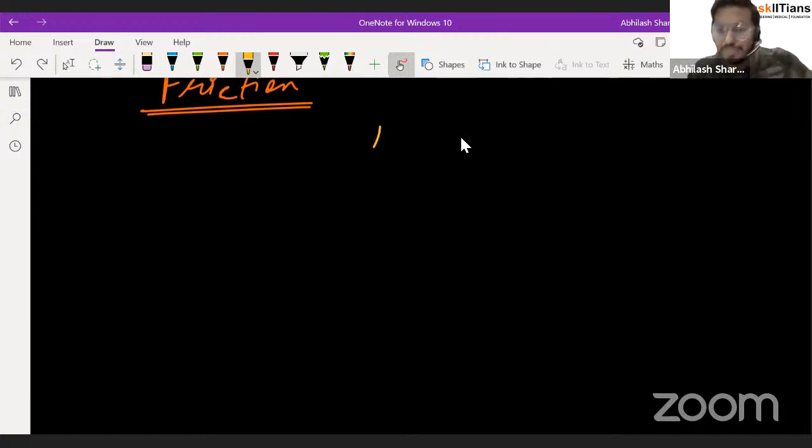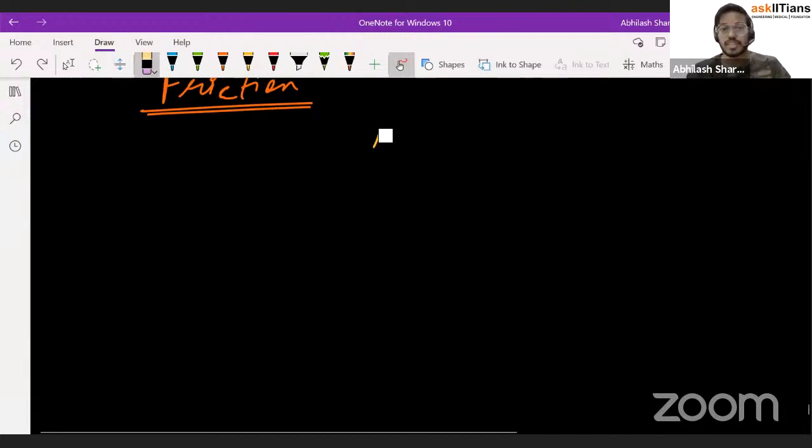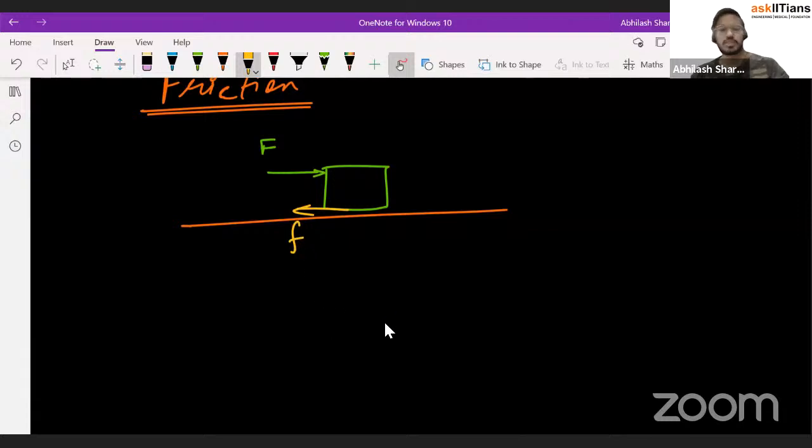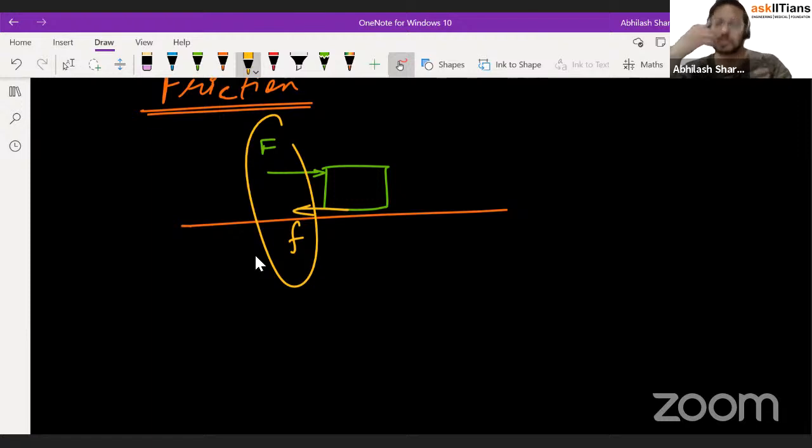You won't need a huge force to move it, right? So it happens because it is kept on the ground. Ground applies an opposing force. So this is what happens: if you apply the force F to any object which is kept, an opposing force appears from the ground, opposite to your force, and it completely balances out your force.